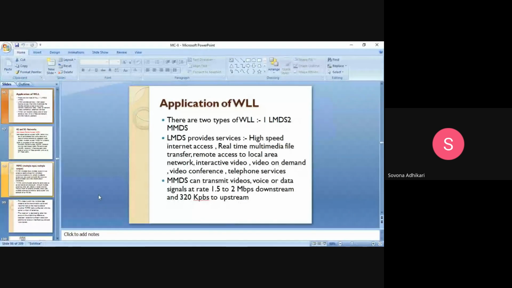And MMDS can transmit video, voice, or data signals at the rate of 1.5 to 2 Mbps downstream and 300 kbps upstream. So these are the applications of WLL.